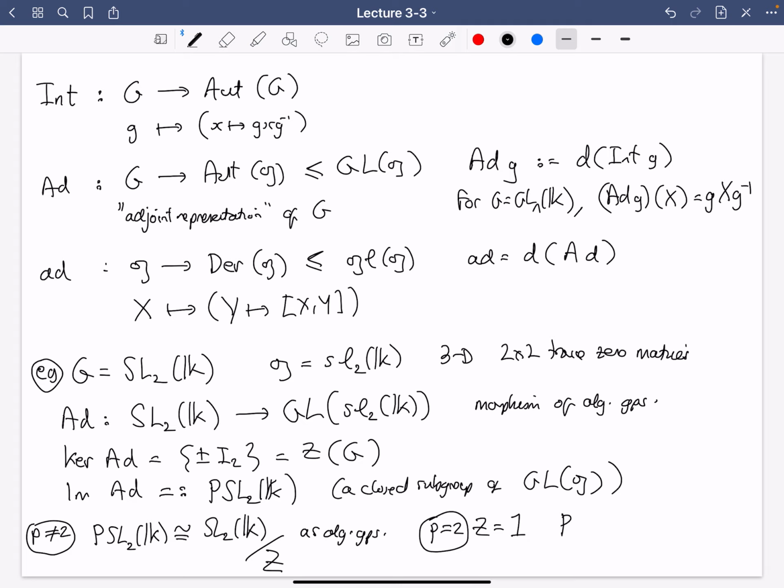And in this case, PSL2 of K, defined in the right way now as the image of this adjoint representation, is certainly isomorphic to SL2 of K as abstract groups, because the kernel of this map is just trivial in that case, but not as algebraic groups.